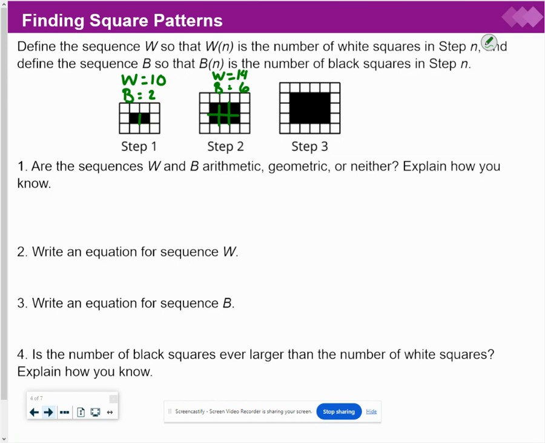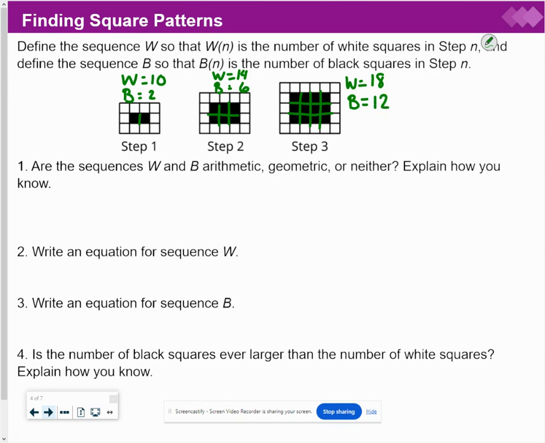And for step 3, my white squares, 1, 2, 3, 4, 5, 6, 12. I've got 18. And black squares, we really have a 3 by 4 grid in there, so there's 12 black squares.